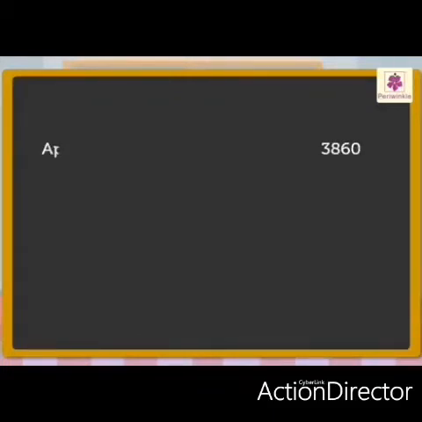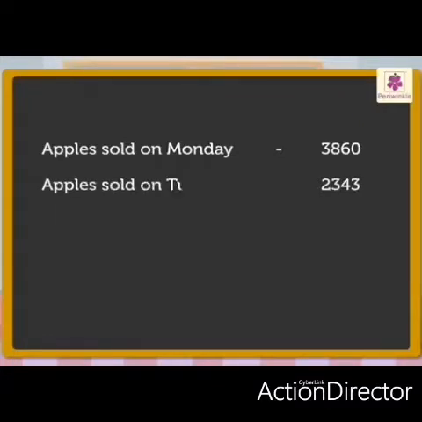3,860 are the number of apples sold on Monday. So we write the statement as apples sold on Monday is 3,860. 2,343 are the number of apples sold on Tuesday.